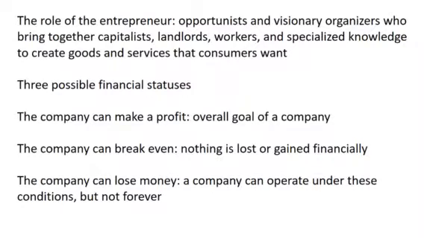So there's three possible financial statuses that you can end up with. Of course, the overall goal is the company makes a profit. If your company is making a profit, you are fulfilling what the consumers want or need, and along with that, you're doing it effectively and efficiently to some extent.